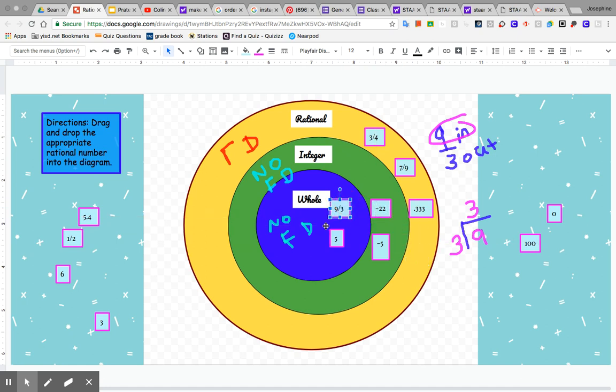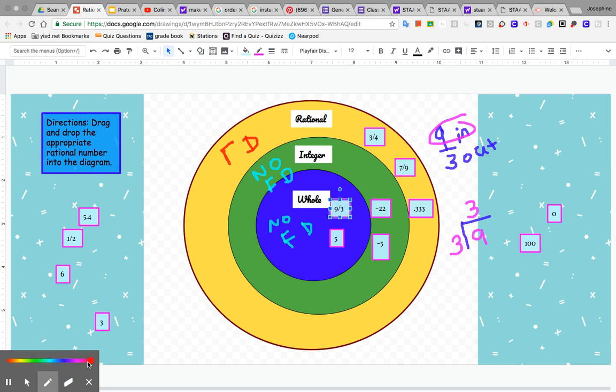So this is how we classify on the Venn diagram. In the whole number section, it's just the positive whole numbers. In the integer green section, it includes the negative whole numbers, I guess you could say, and the rational numbers include fractions, decimals, and percents.